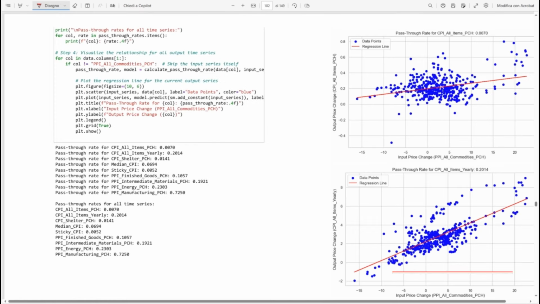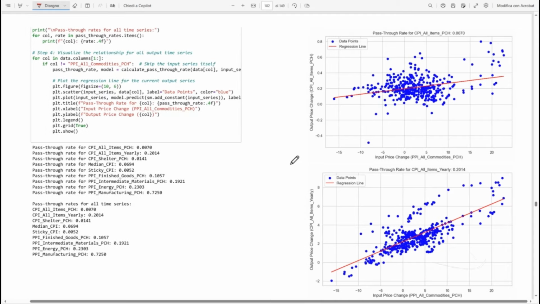So we start to put some spice and some chili in the data, and we say, okay, if we have 25% tariffs overall, tell me what the pass-through rate is on all the historical data that I gave you in the code. The machine does a pretty mechanical job taking a 25% tariff and seeing what the pass-through rate is into the data I gave it, which are the CPI and PPI, inflation and producer price index historical data.